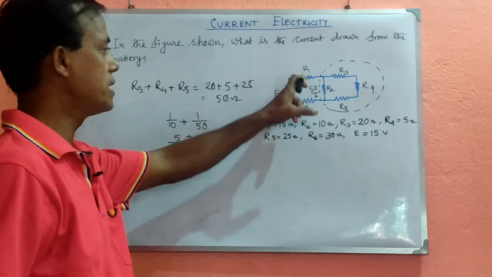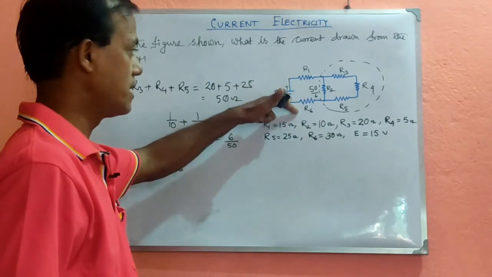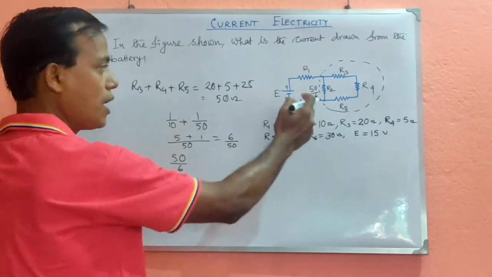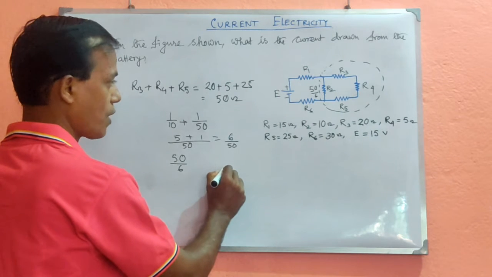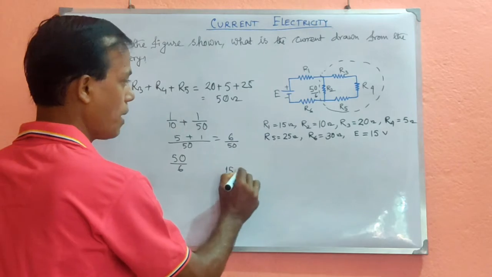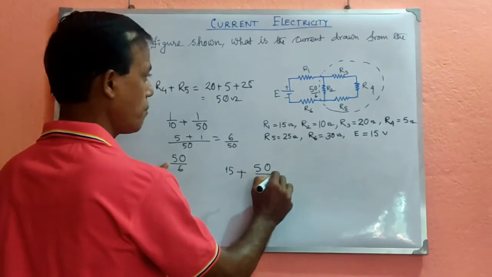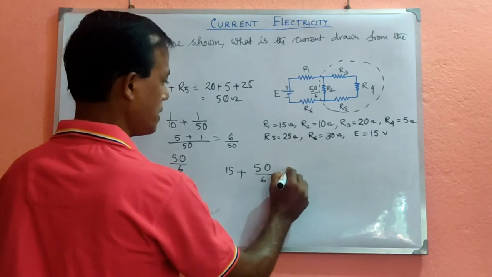Now all these are in series, R1, 50 by 6 and R6, all three resistances are in series. So the total equivalent resistance becomes 15 plus 50 by 6 plus R6 30.